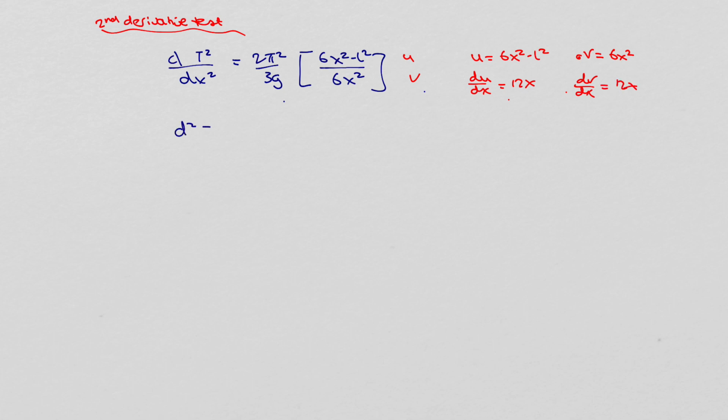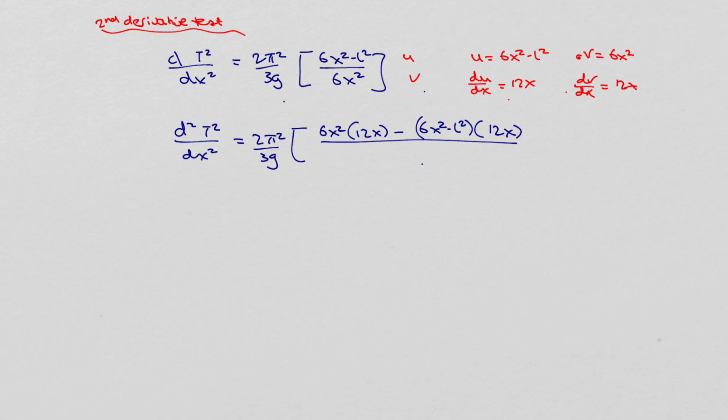Okay, so if we get our second derivative, again, constant, just keep it out. So it's v times du dx minus u times dv dx all over v squared.